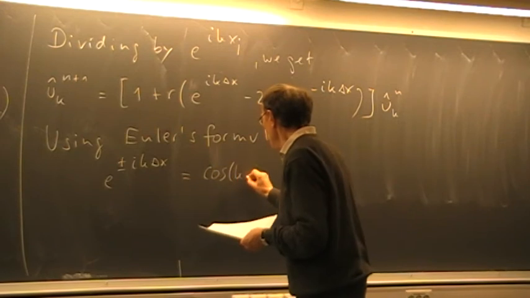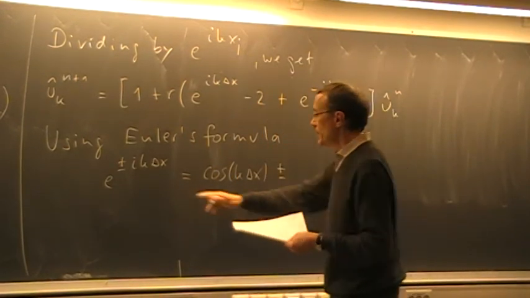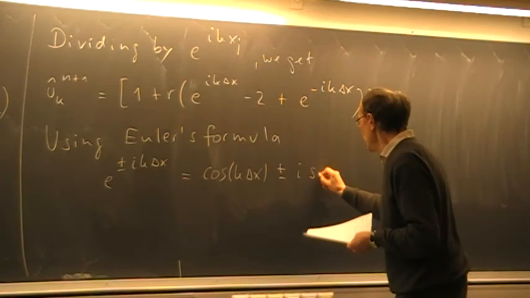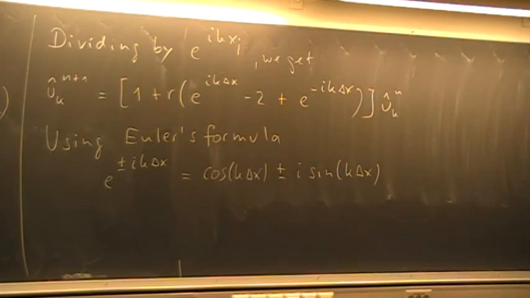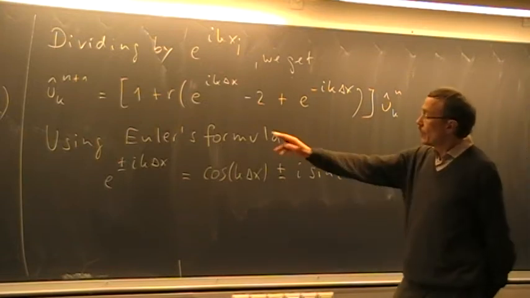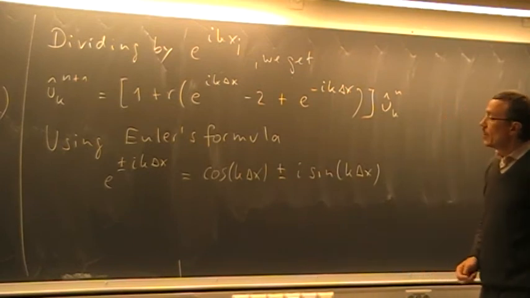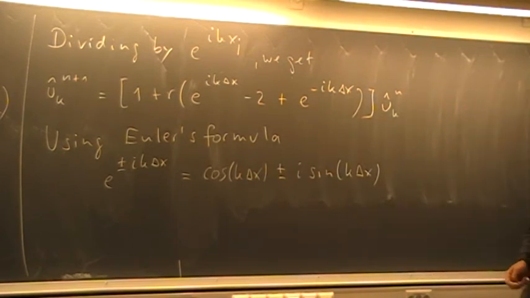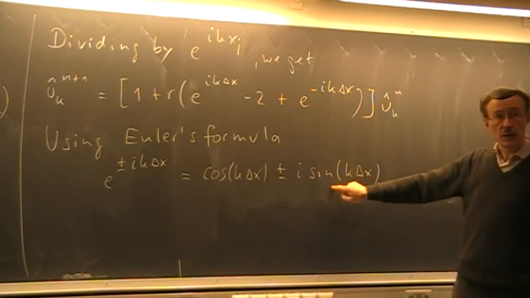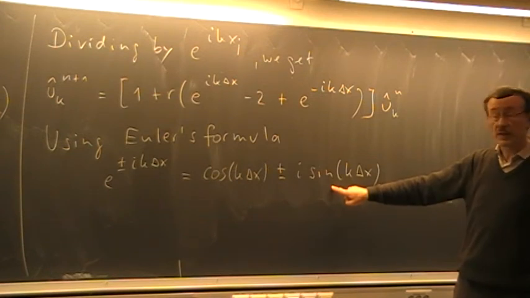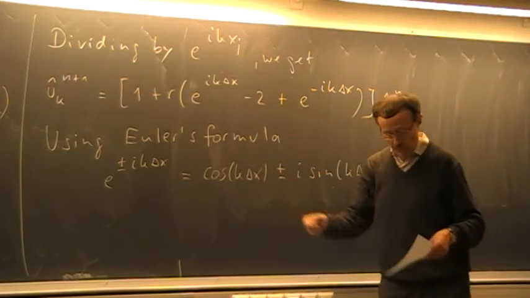That is the cosine of k delta x plus or minus, depending on the sign, i times sine k delta x. That we know from complex numbers. Then we use that. If we look at these expressions here, when we add them, we get 2 times cosine. Here we have plus and minus signs, so the imaginary part cancels. So that means we get simply 2 cosine from these.